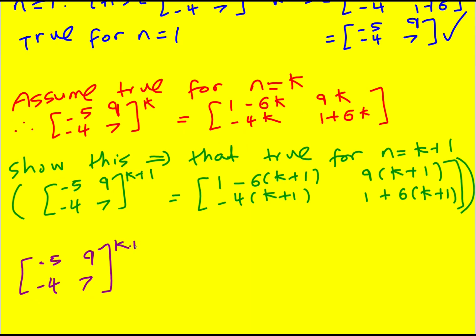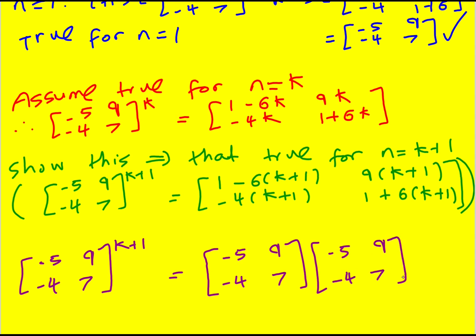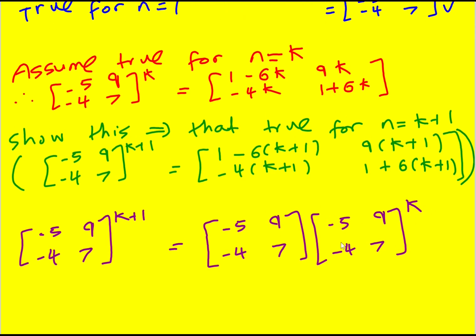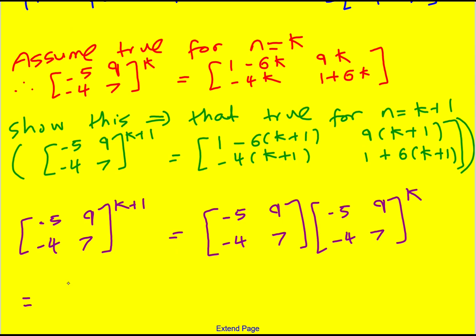So we start with the k plus 1 term, and I'm going to write this as minus 5, 9, minus 4, 7, multiplied by minus 5, 9, minus 4, 7 to the k. You could do it either way around, it doesn't actually matter. And now this is where I use my assuming true for n equals k.